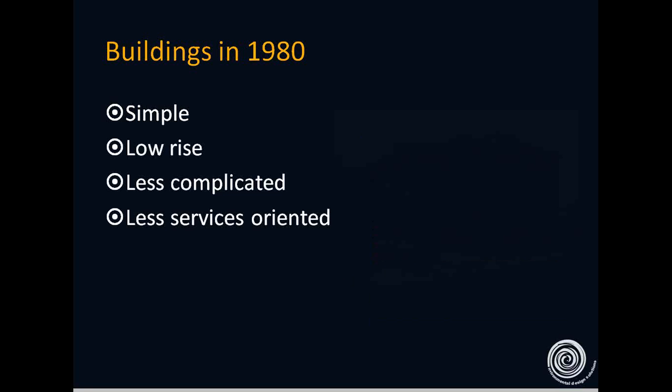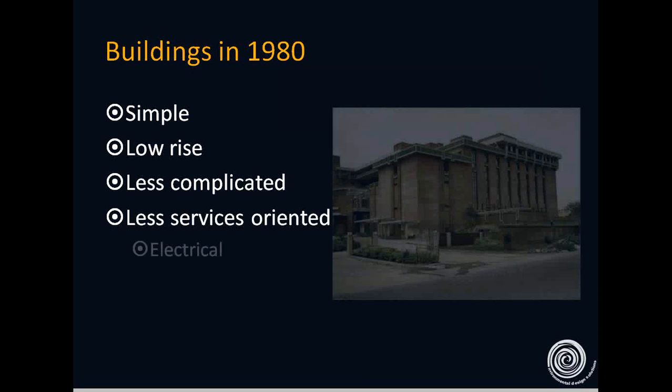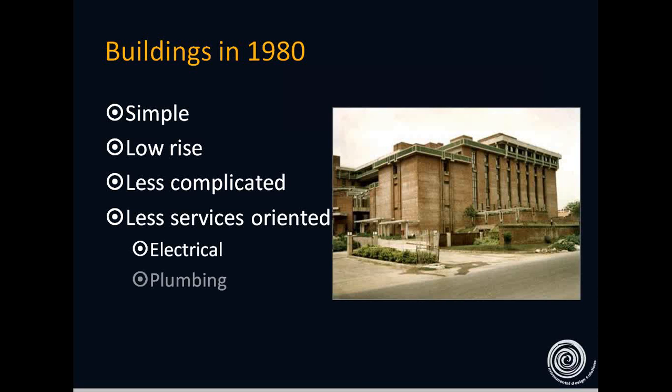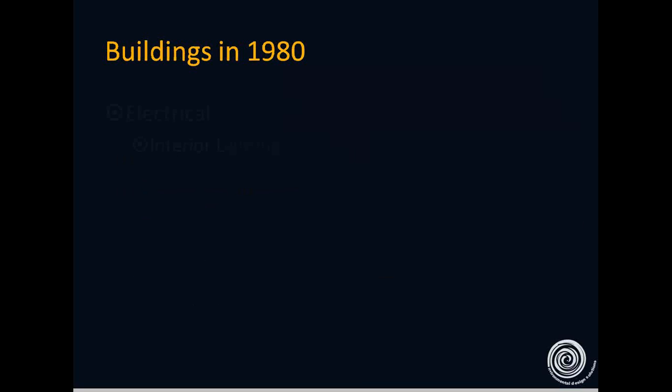HVAC also in very few buildings. So when we say buildings were less complicated, it refers to its services. The services in 1980s were very simple with only few elements as the advanced technology was still in development.